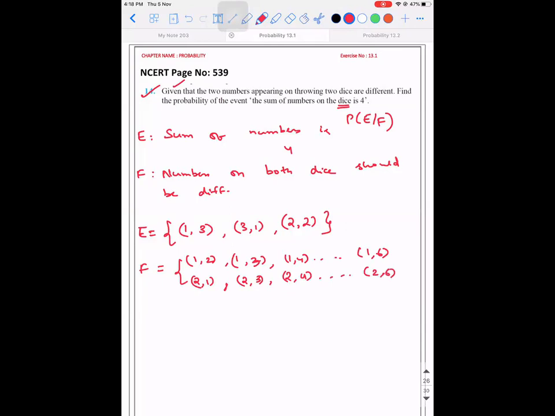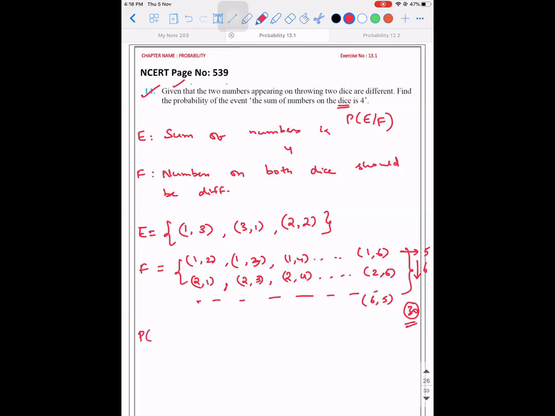So it will go to 2,6. Like this for each row. The last element will be 6,5. How many elements are there in each row? 5. How many rows are there? 6. So 30 elements. Number of elements in F is 30.